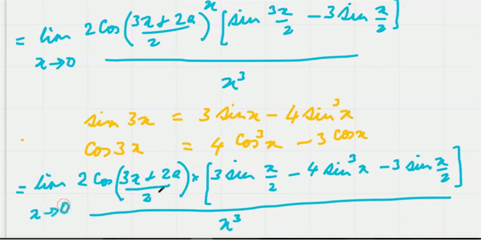Now you will notice that there is a 3 sin(x/2) here and minus 3 sin(x/2). So these two will cancel.